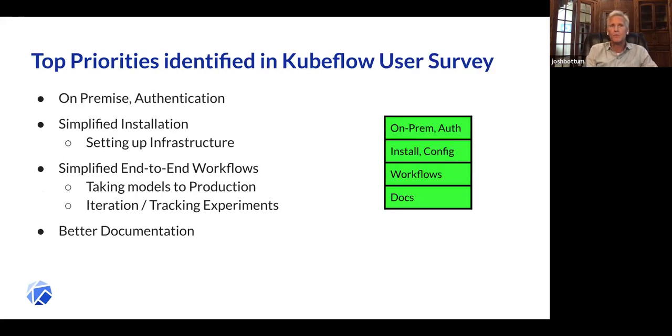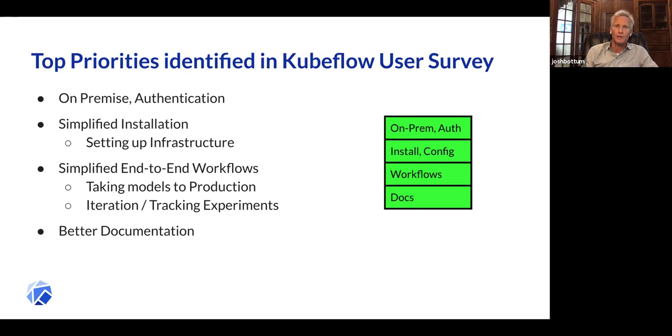From a priority standpoint, what we tried to do is identify the top 4 or 5 priorities that came in, and we can simplify those into folks asking about on-premise and related to that, multi-user authentication, simplified installations, and simplified end-to-end workflows.